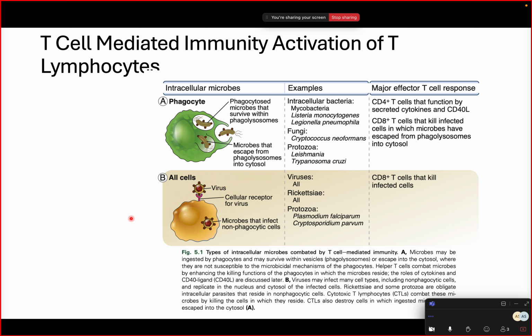Okay, now we'll talk about the second pathway. The second pathway is basically all the cells which have been infected. In the first pathway, a cell has engulfed a microbe, and that microbe has somehow escaped the killing machinery of the cell, so that cell is targeted by CD4 and CD8. Now imagine viruses, what they do is they directly infect the cell.